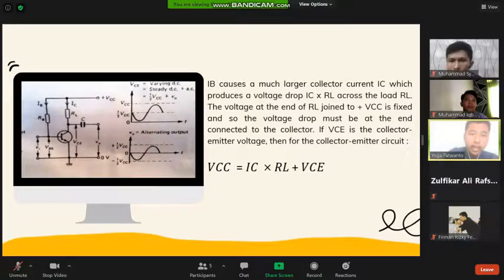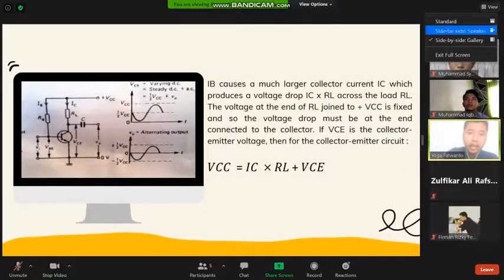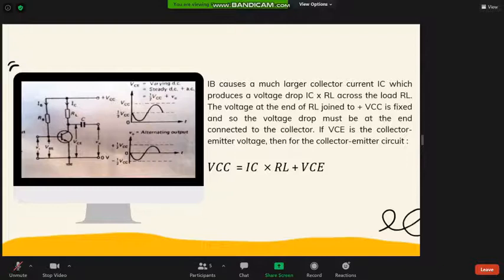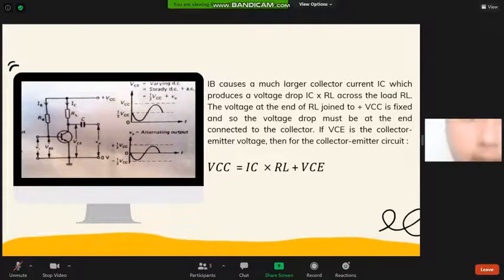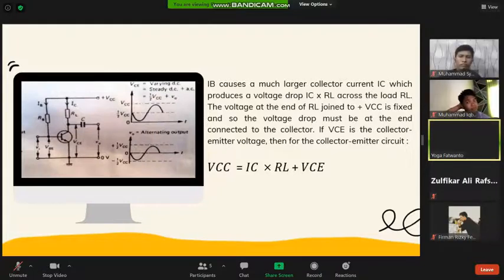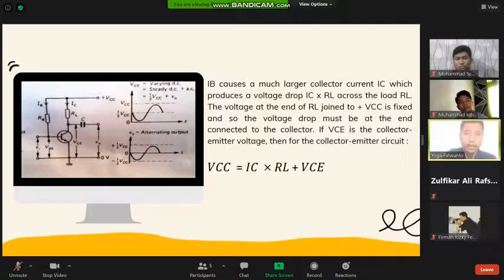IB causes a much larger collector current IC, which produces a voltage drop IC times RL across the load RL. The voltage at the end of RL joined to plus VCC is fixed, and so the voltage drop must be subtracted from VCC at the emitter voltage.